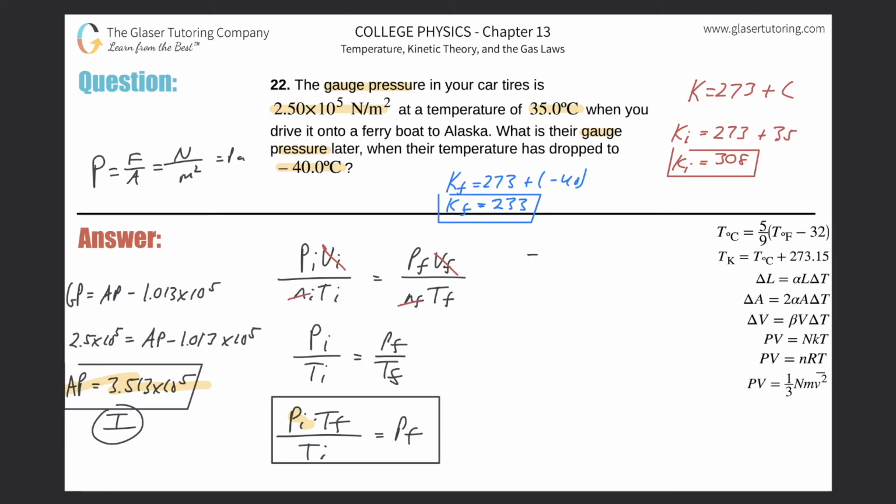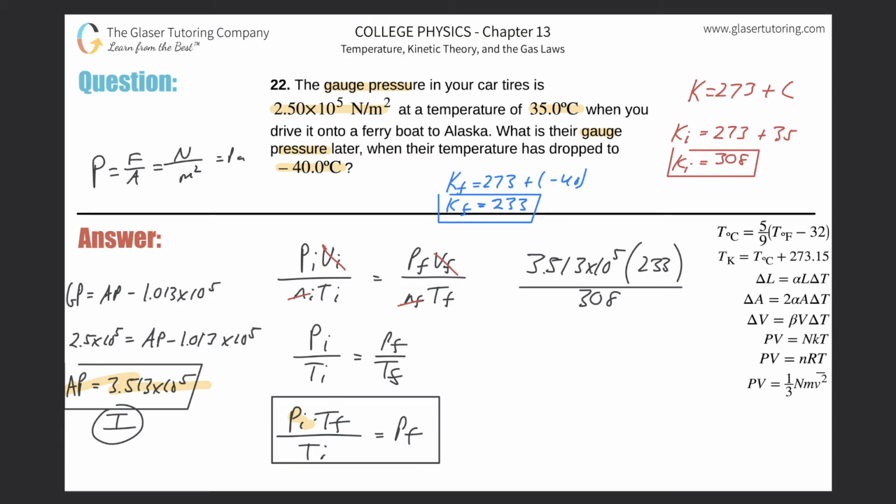So the initial absolute pressure is 3.513 times 10 to the 5th, multiplied by the final temperature, which we said was 233, then all divided by 308. Wow, my handwriting is getting worse as this progresses. Just take out the handy dandy calculator and let's plug it on in. 3.513 times 10 to the 5th times 233 divided by 308.